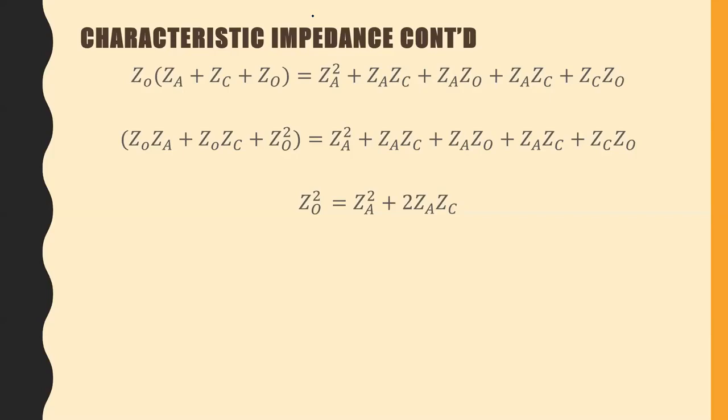All right, so we have that. It means therefore that Z0 is equal to the square root of ZA squared plus 2ZA ZC.